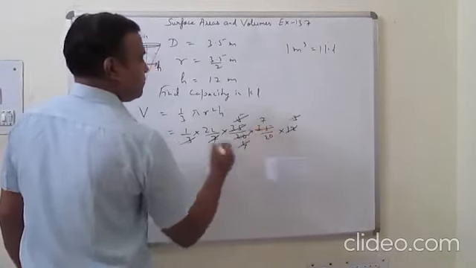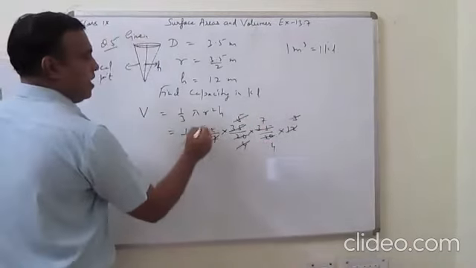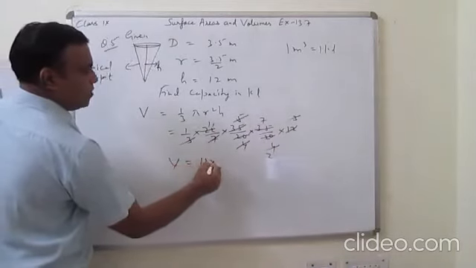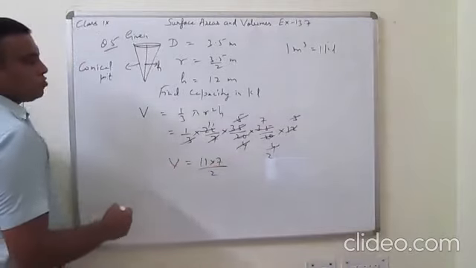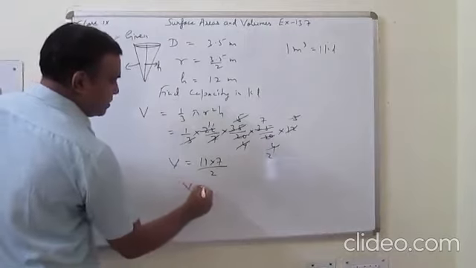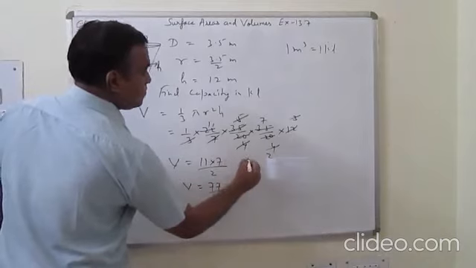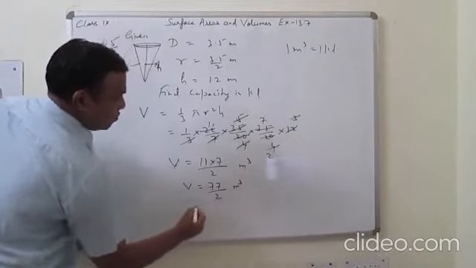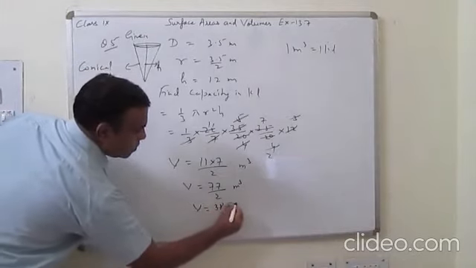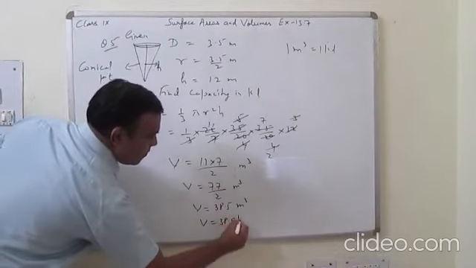You will get volume is equal to 11 into 7 upon 2, so 77 upon 2. This comes in meter cube. So volume is 38.5 meter cube, and in kiloliter it is 38.5 kiloliter.